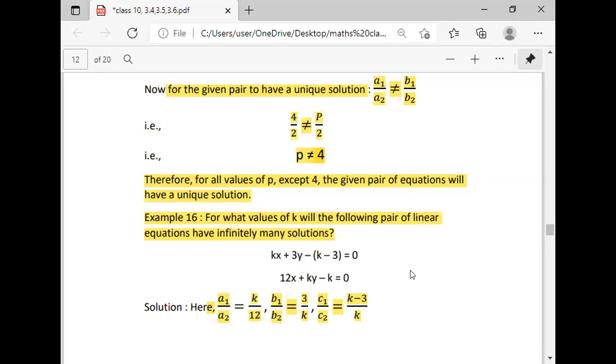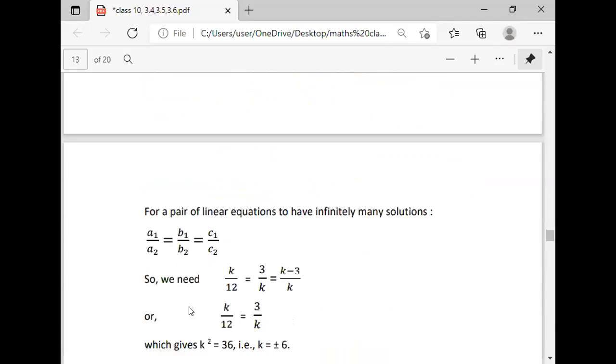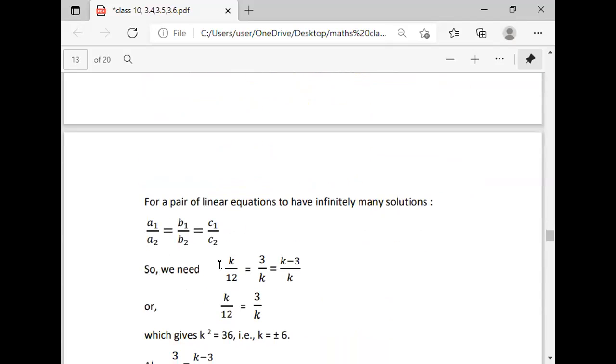And see, what was our question? We want it to have infinitely many solutions, which means all these ratios are equal. That is, K by 12 is equal to 3 by K is equal to K minus 3 by K. It all should be equal.